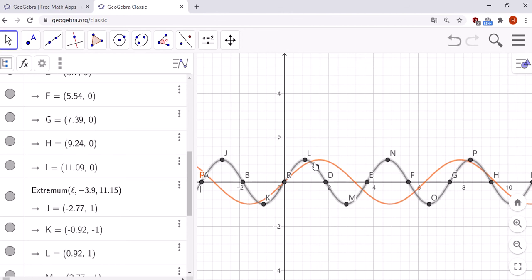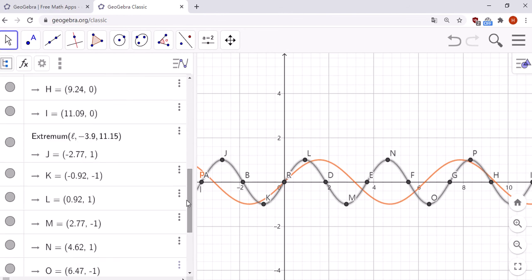So its maximum value is 1. And M is negative 1, this is the minimum point.